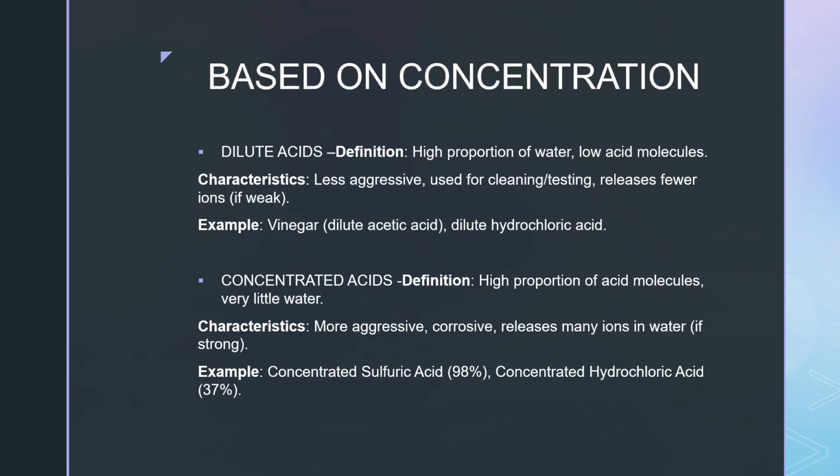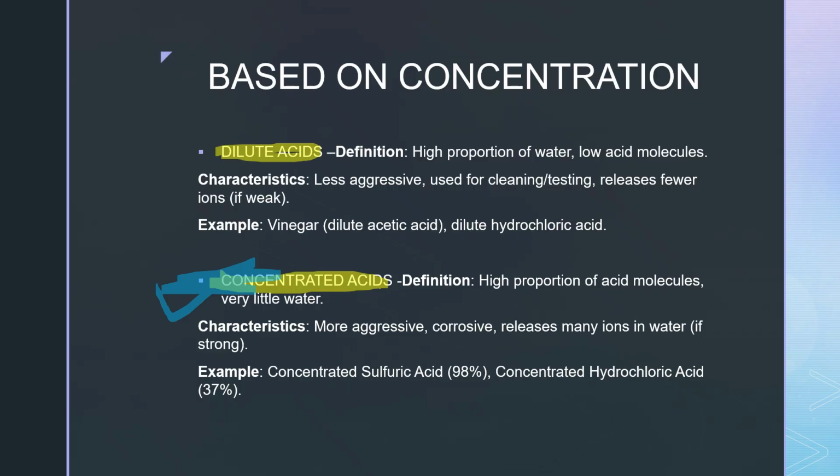Now, based on the concentration, there are two types of acids: dilute acid and concentrated acid. If you have ever prepared sugar solution, in that case sugar is more in concentration, whereas water is less in concentration. That solution is known as a concentrated solution.